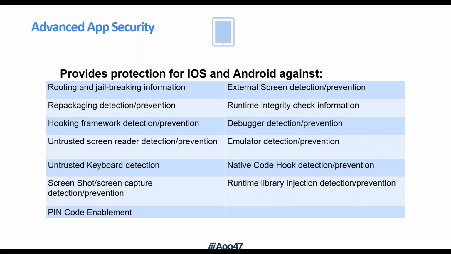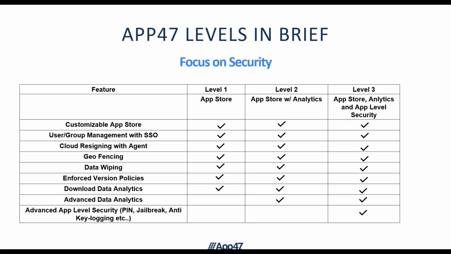We can enable PIN codes so that when the user launches the app, they have to put in their own self-managed PIN. We can also detect external screen projection and prevent those things, runtime integrity check information, debugger detection and prevention, emulator detection and prevention, native code hook detection and prevention, and runtime library injection detection and prevention. So pretty much everything you're going to need to protect your app from persistent threats.